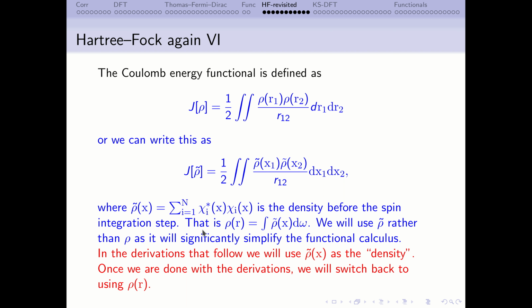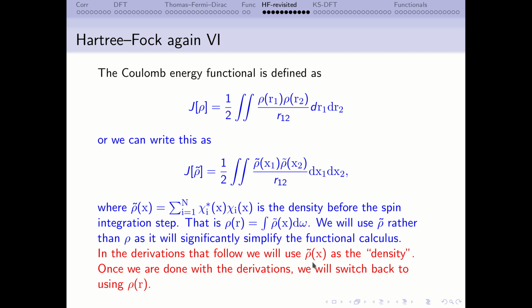And if we integrate over spin, so I perform an integral over d omega, then we get the density rho. So all we need to do to get from rho tilde to rho is perform the spin integral. And the best way for you to see it is, take the one electron case and see that you get this.